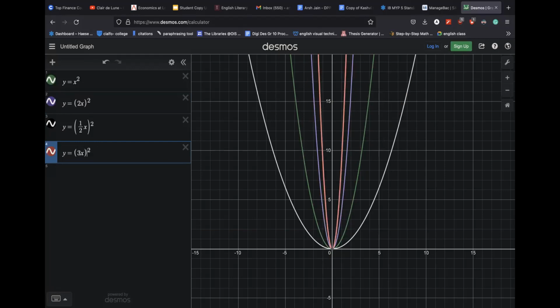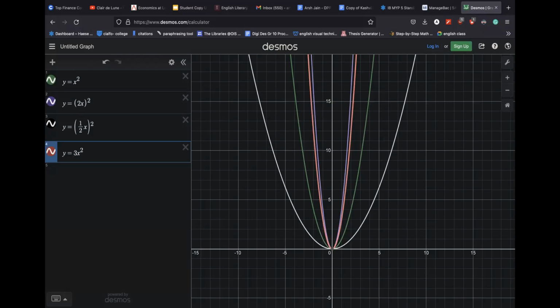Now remove the bracket and see what happens. So now you're only squaring x and not 3. Do you see that? There is a difference between (3x) square and 3x square. So make sure when you're answering such questions, you see what it is asking you.